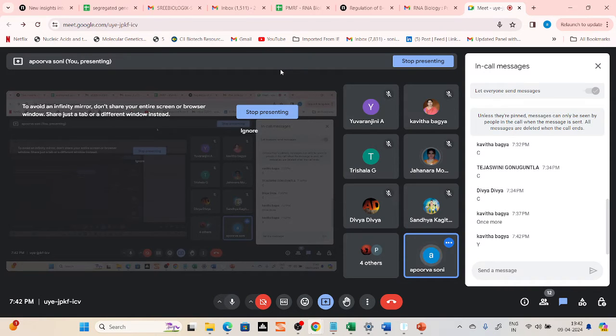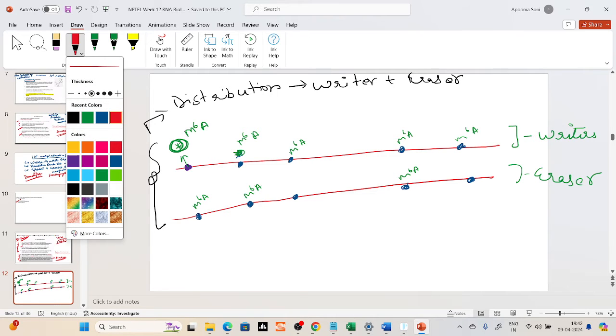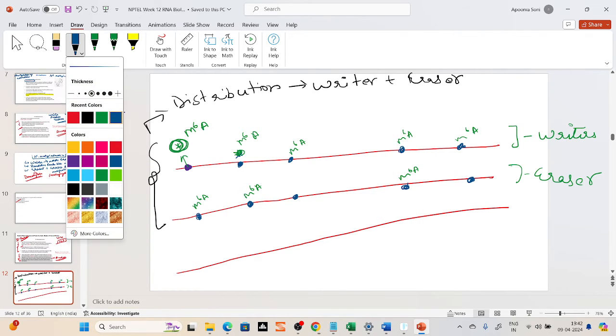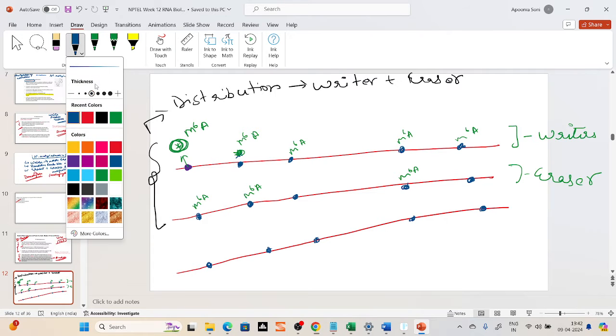Okay. Now comes readers. Again, I'll make this. This is your RNA molecule. These are the adenosine moieties. Just for visualization, I'm doing it like this.